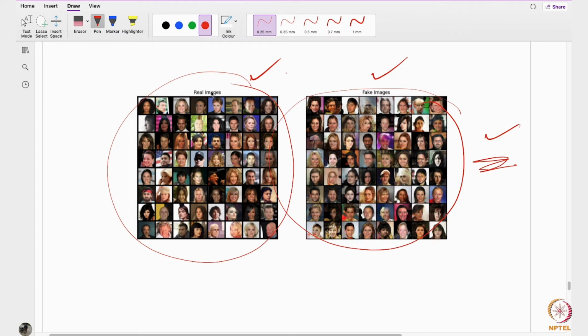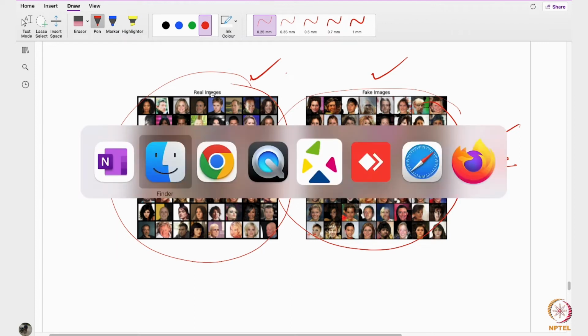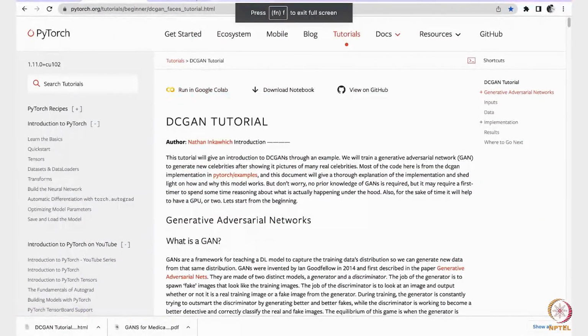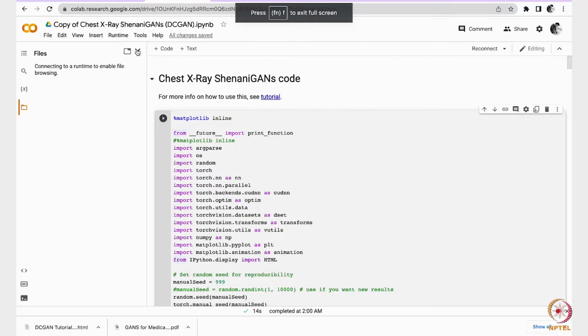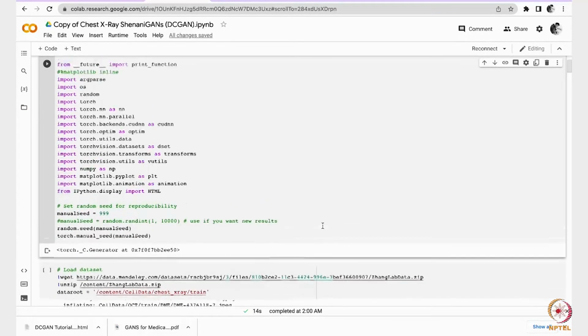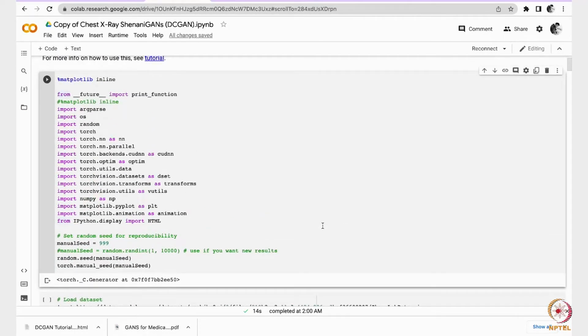Now let us get back to the code. How exactly you can use this notebook. This is the code actually. See here, I will run each and everything. Just focus.